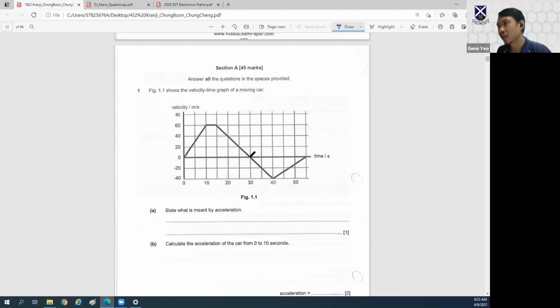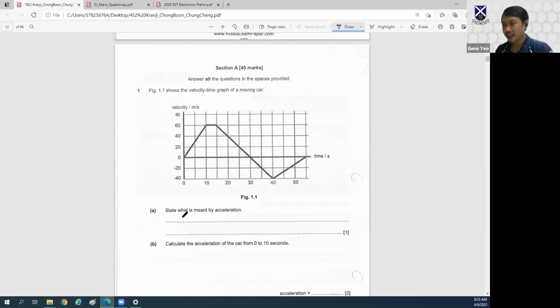At this point in time, when there's a negative velocity, what it means is that it's going in the opposite direction. Okay, so it's speeding up in the opposite direction and then slowing down in the opposite direction until it comes to a stop again over here.